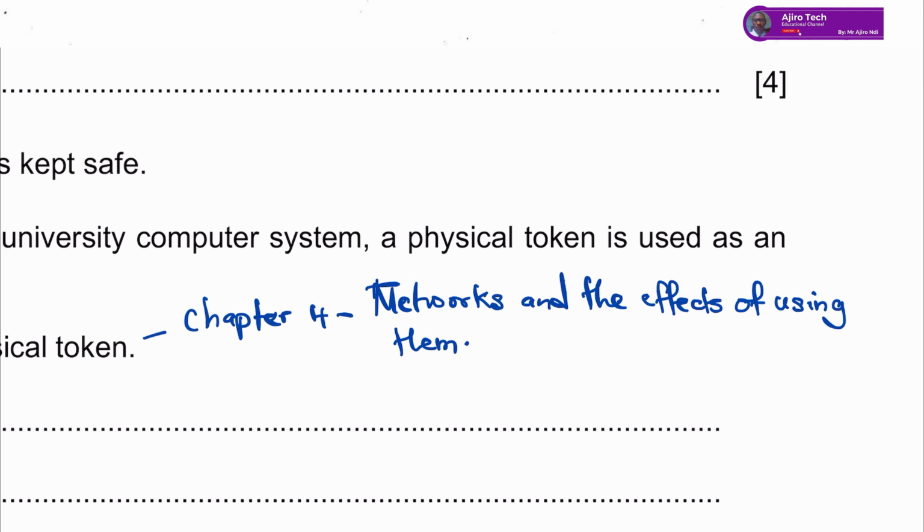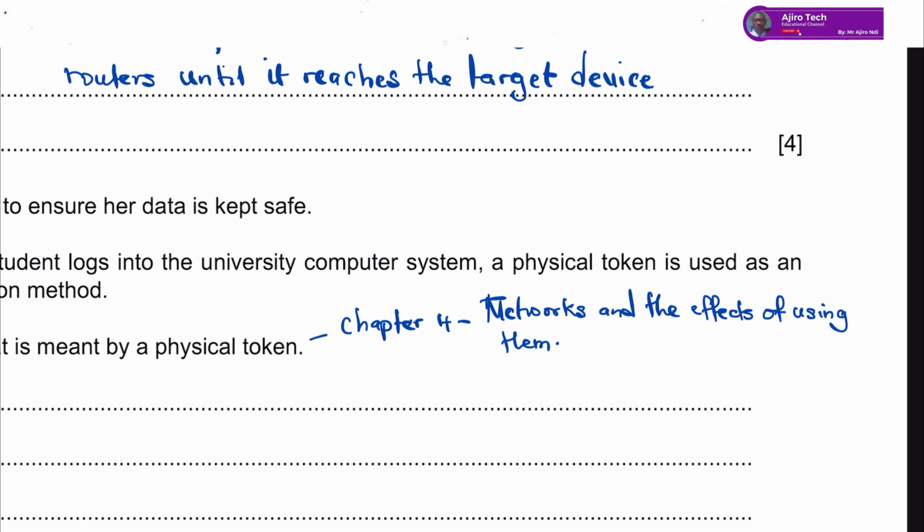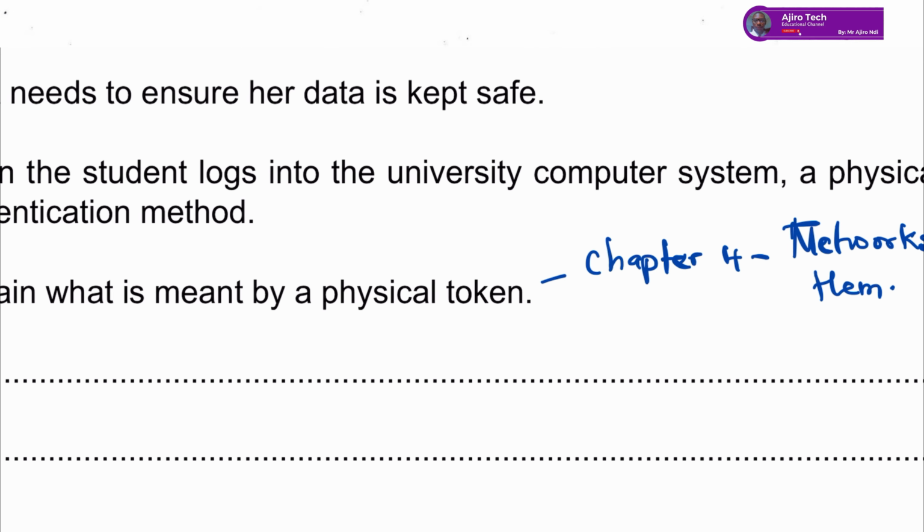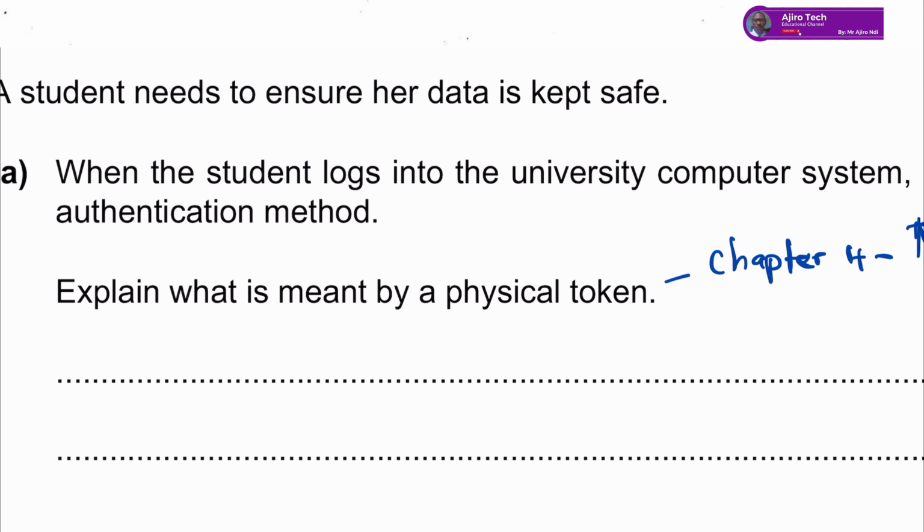So let's talk about physical tokens. This is very important. Explain what is meant by physical token. And how many marks is it? This is 2 marks. So a physical token is a form of authentication in the form of a physical or solid object.